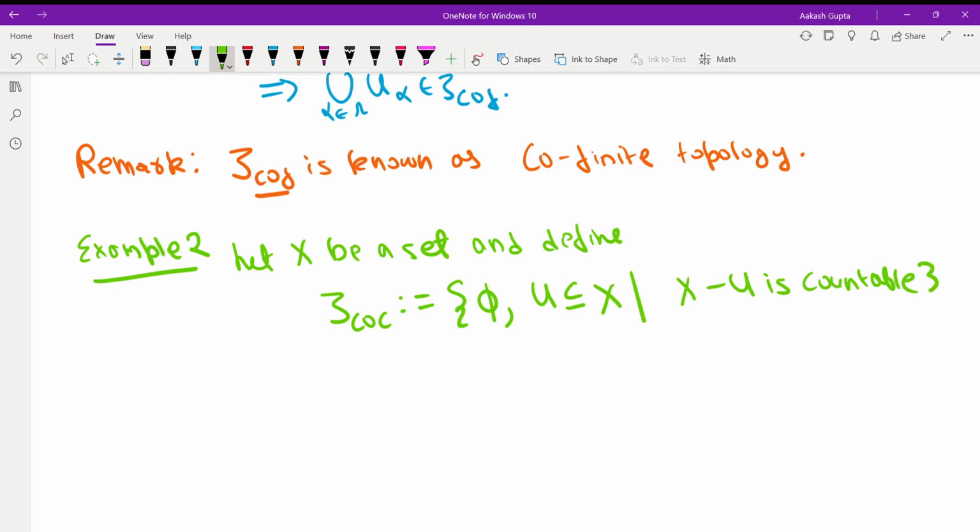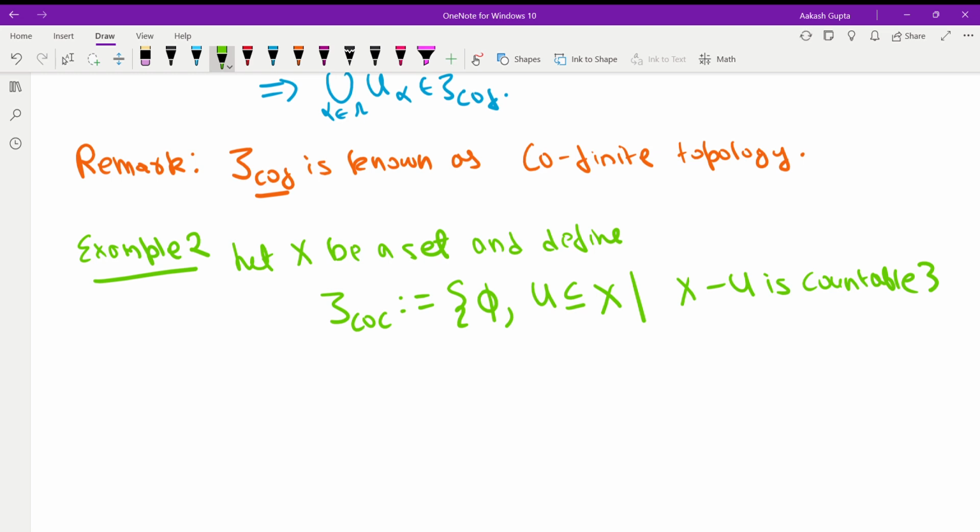I hope you remember what a countable set is. If it is in bijection with natural numbers. That's the definition of countable sets. And it is inspired from, I think, the civilizations like the Greeks and all, who used to count their sheep. They didn't have numbers at that time.